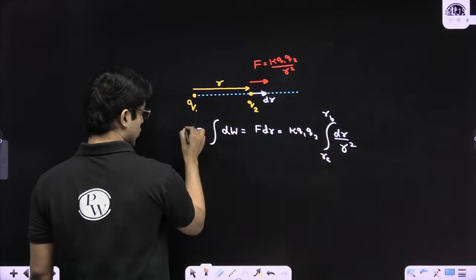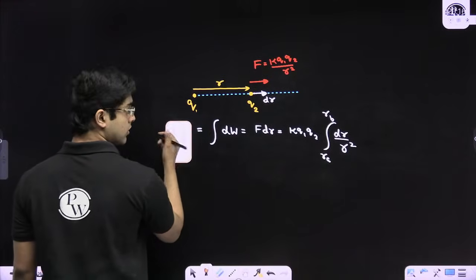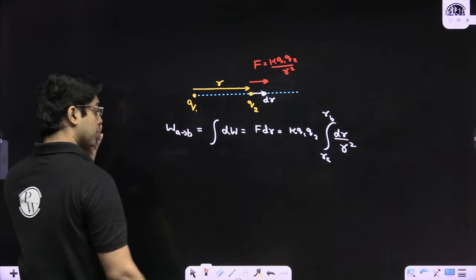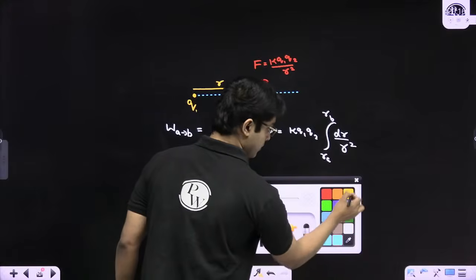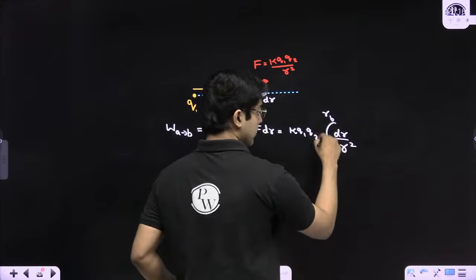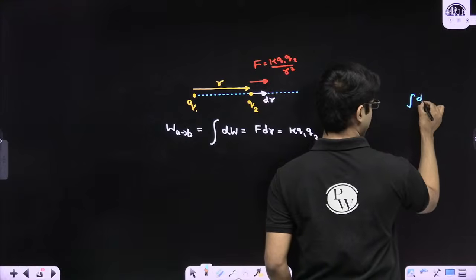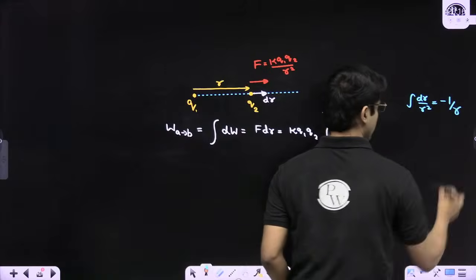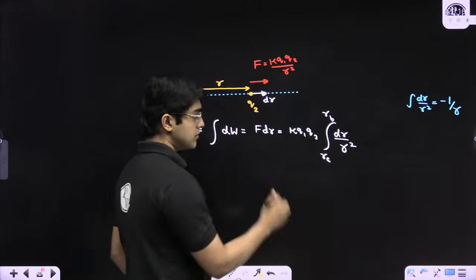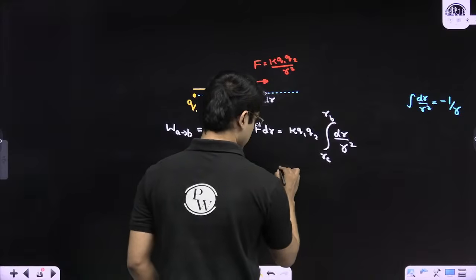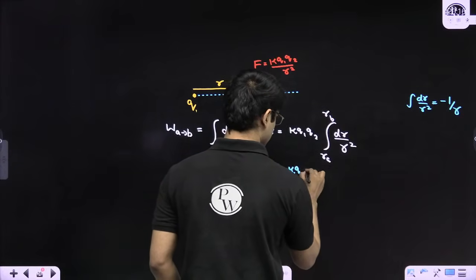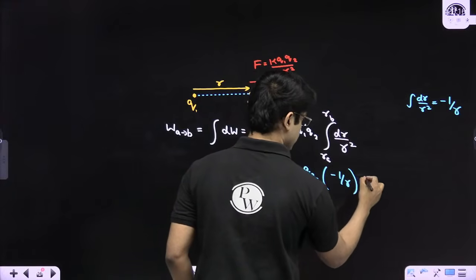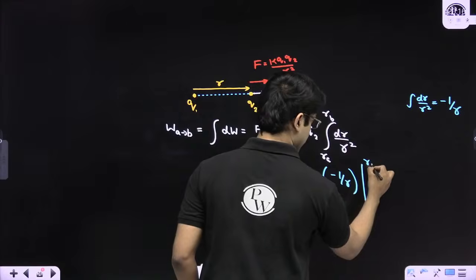Integral dW will give us the total work done from A to B by the electrostatic force. So what does this integral become? Integral of dr divided by r square is actually minus 1 by r. So we will put the limits as well. Upper limit is RB and lower limit is RA.